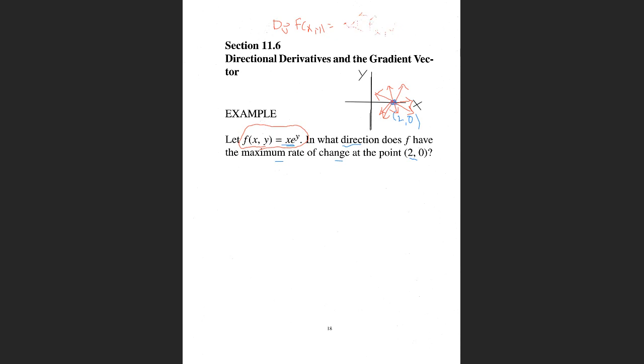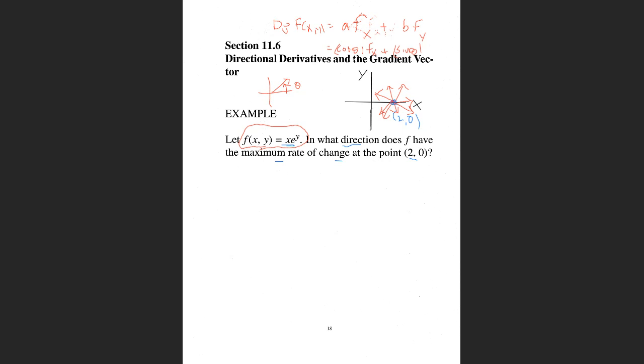Okay, so this was the first definition, right? But any vector A, B is going to have an angle theta that goes with it. So you could write A as cosine theta and B as the sine of theta.